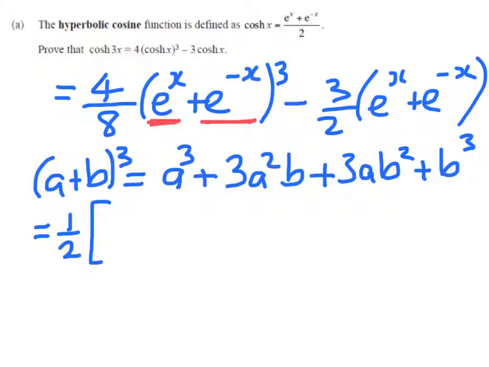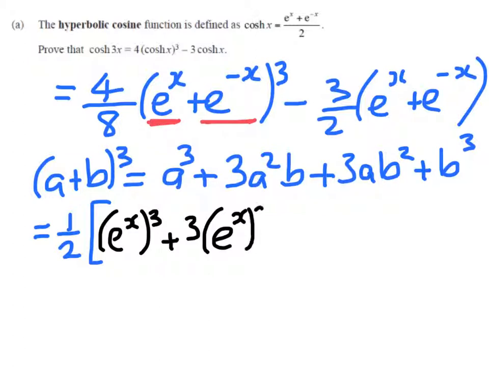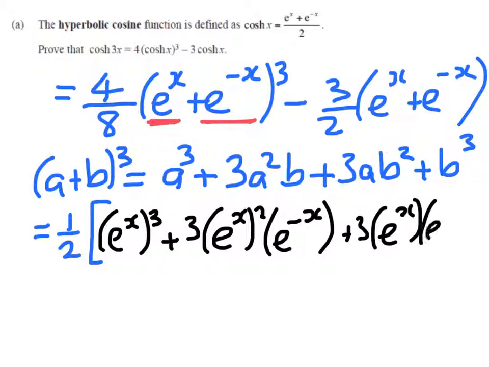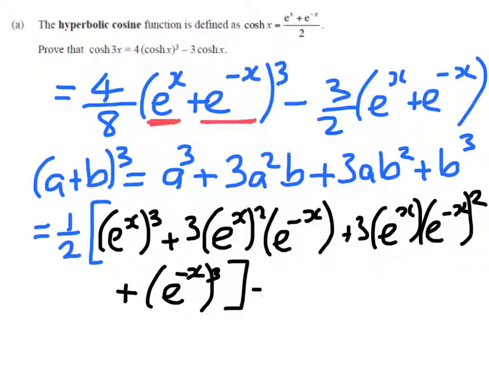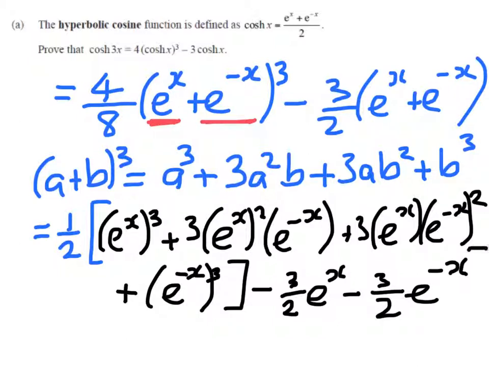So I've got 1/2 of e to the x cubed plus 3 e to the x squared e to the negative x plus 3 e to the x e to the negative x squared plus e to the negative x cubed minus 3 over 2 e to the x minus 3 over 2 e to the negative x.